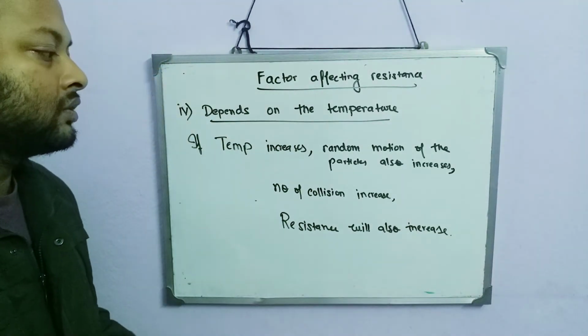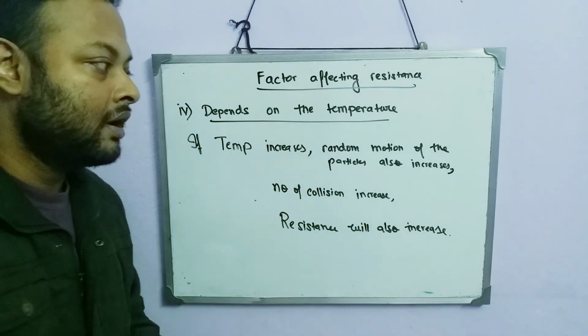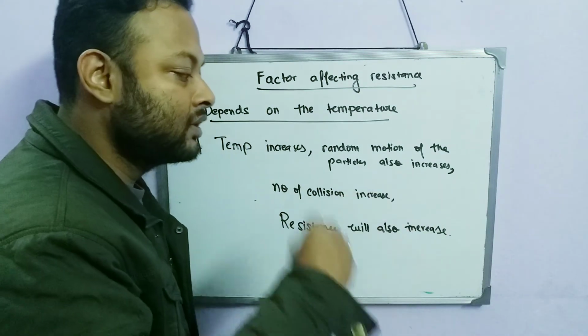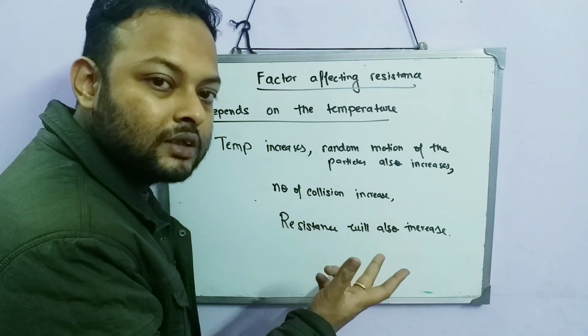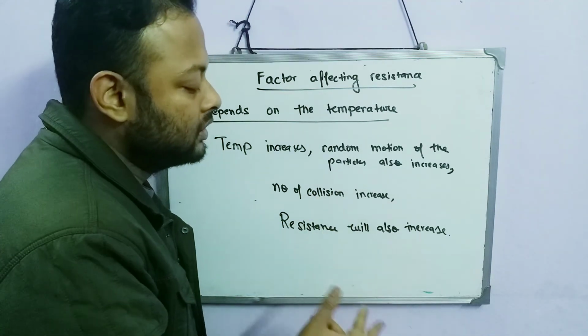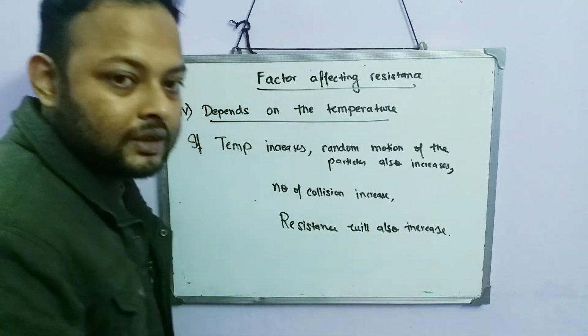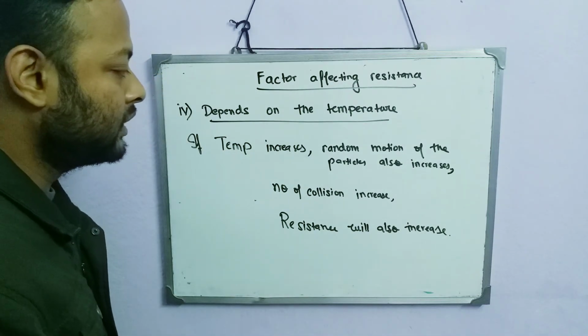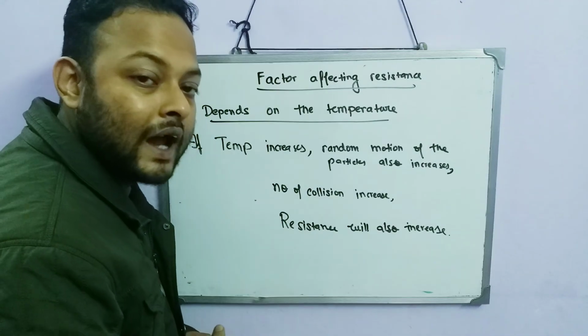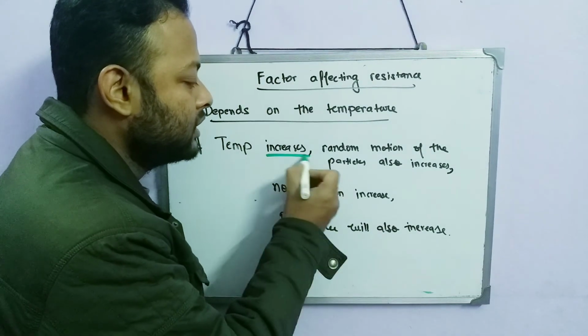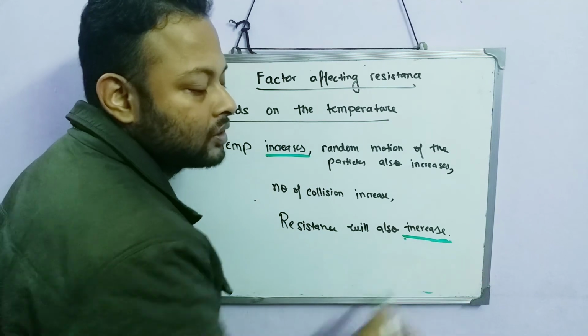So you understood? Temperature increases, random motion of the particles also increases, the number of collisions increases, and resistance also increases. So you can say temperature and resistance are directly proportional to each other.